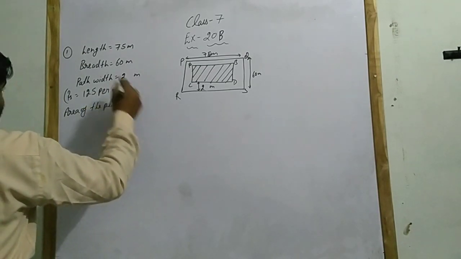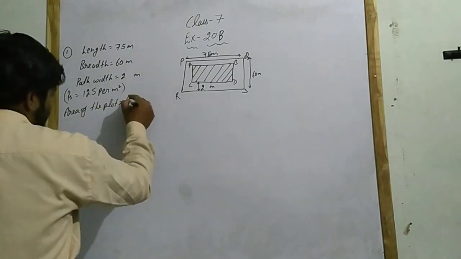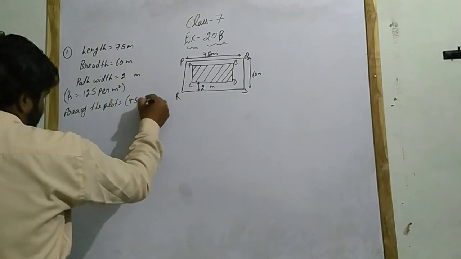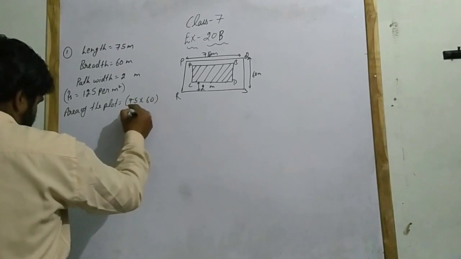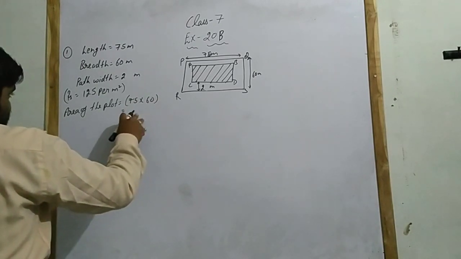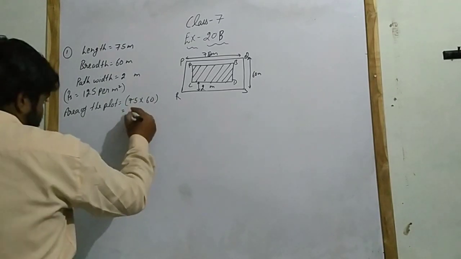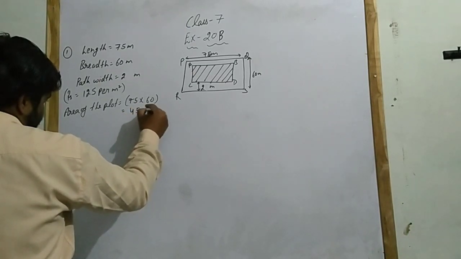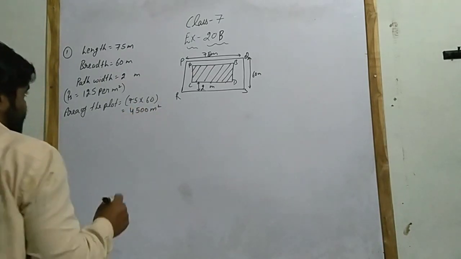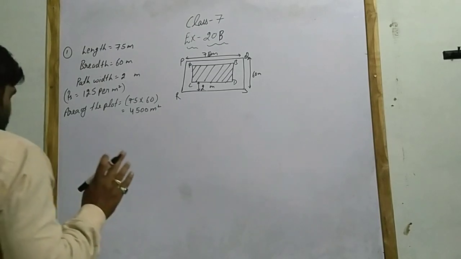Area of plot will be 75 multiplied by 60, which will be 4500 meter square, right?